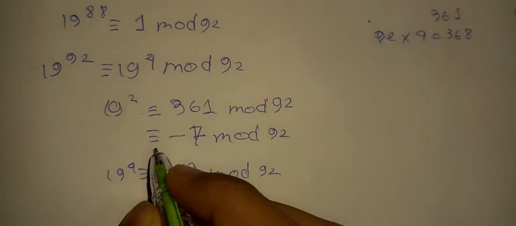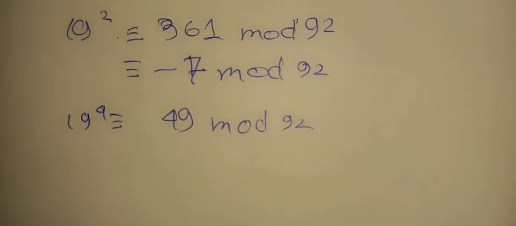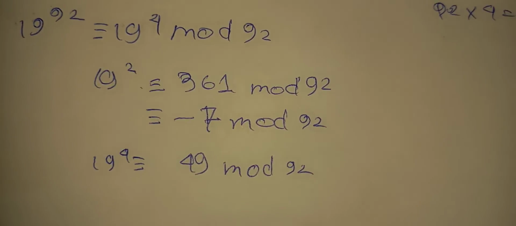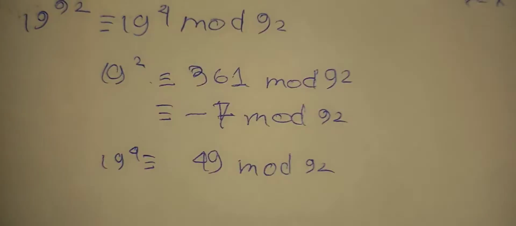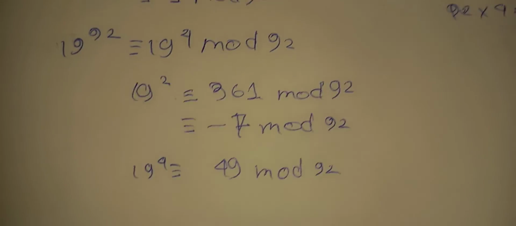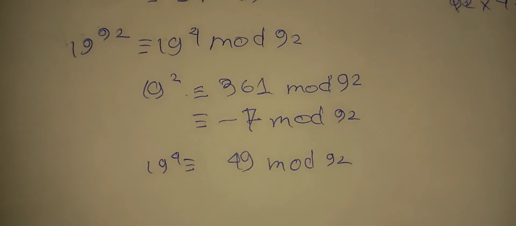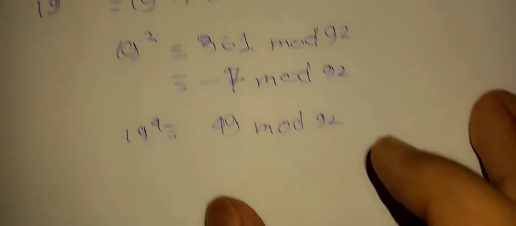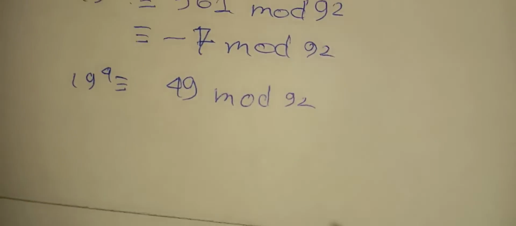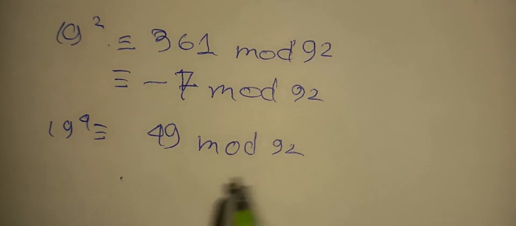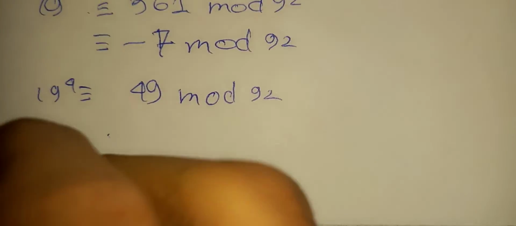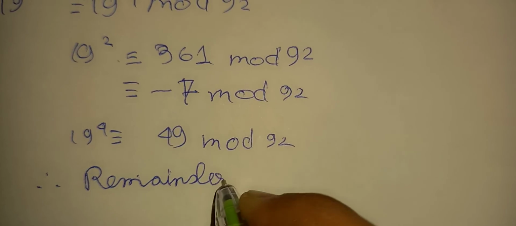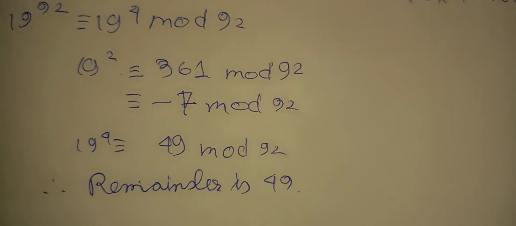The main reason I took this as negative is that it makes our calculations easy. We could have taken it as 85, but then 85 squared is something huge and the solution would be very complex, though our answer would match. So 19 to the power 92 is 49 mod 92, therefore the remainder is 49.